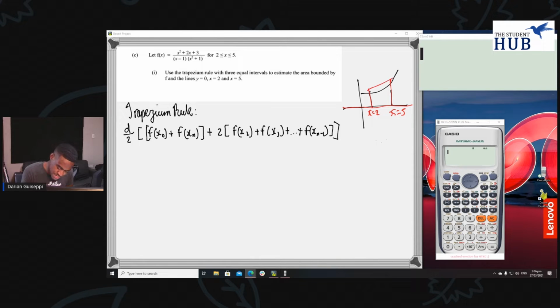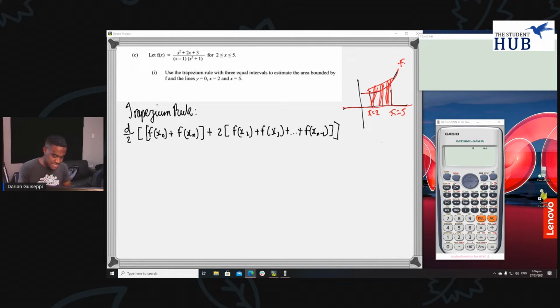Basically it's this area here, shaded in red, and we need to use the trapezium rule to find it. It's an estimate, not the exact value.